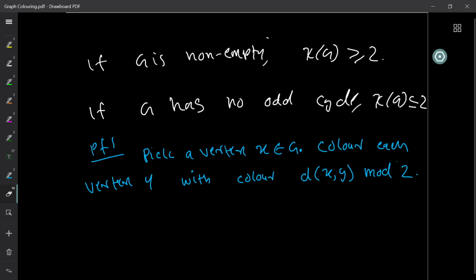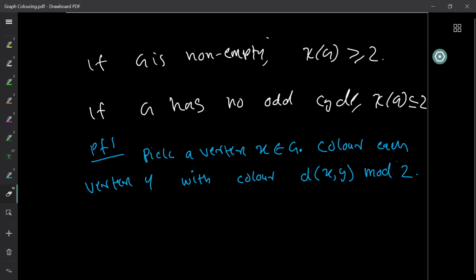Otherwise, for each component you can do this, right? So pick a vertex x, and then color each vertex y in the graph with the color which is distance of x comma y modulo 2. Right? So what is distance of x y modulo 2? Basically either 0 or 1, depending on whether the length is even or odd.